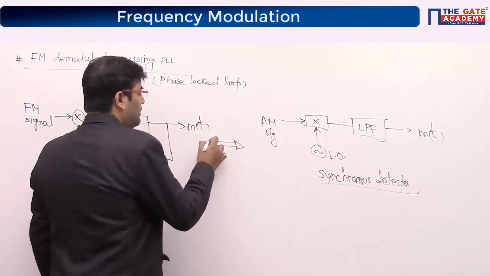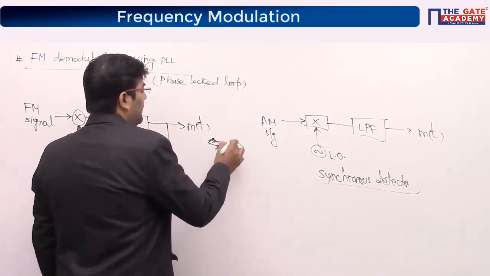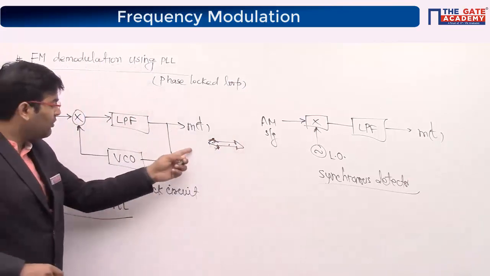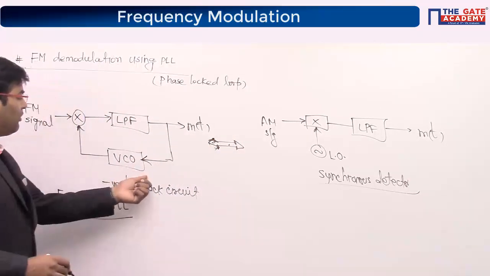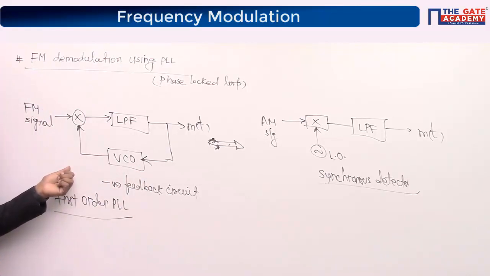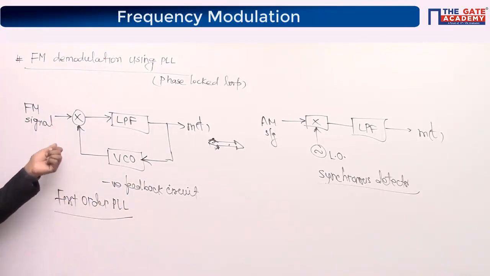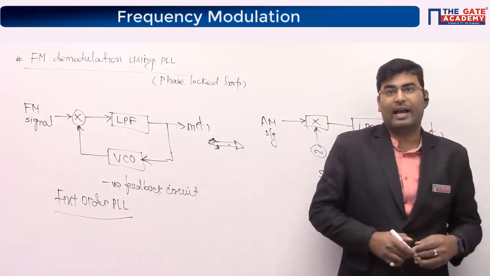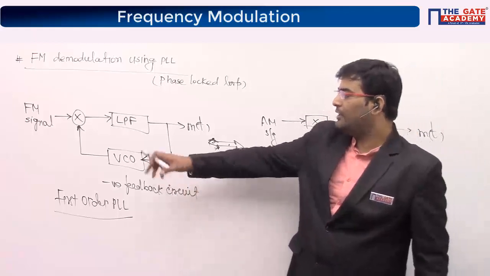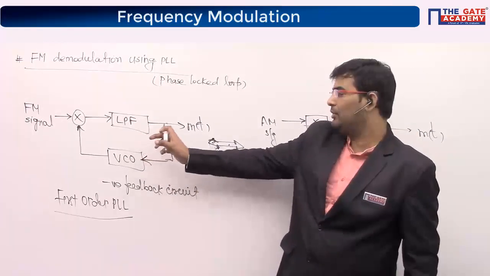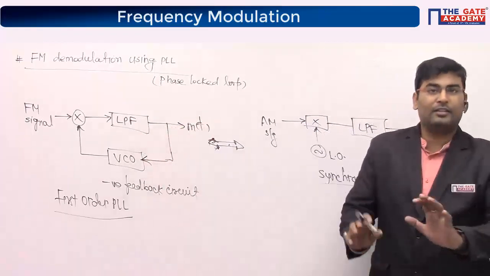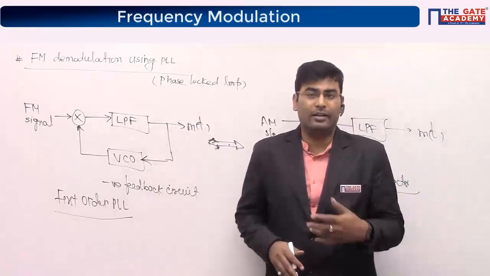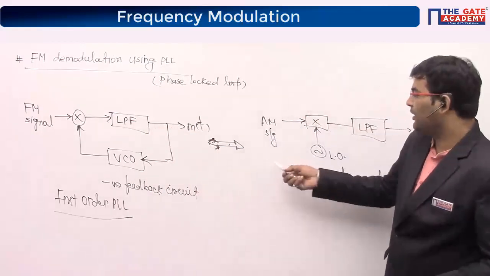But the moment it goes into the feedback, you again get the FM signal. Instantly you are comparing the phase, and then again it goes into a low pass filter and you get the output. But that is a very raw idea or intuition that it is similar to what you have seen here.